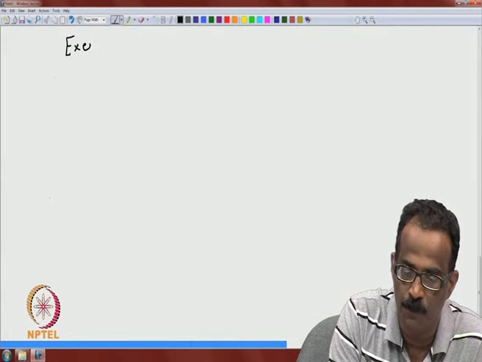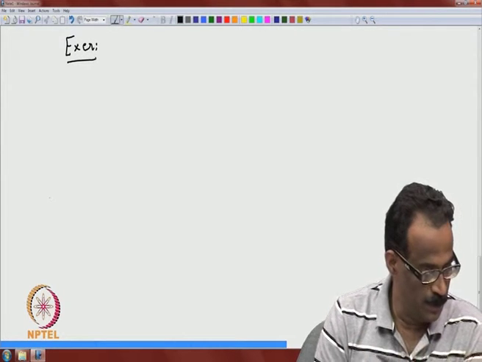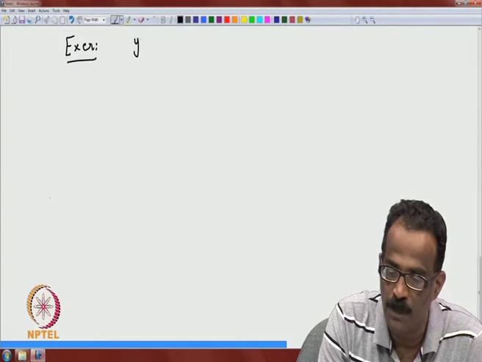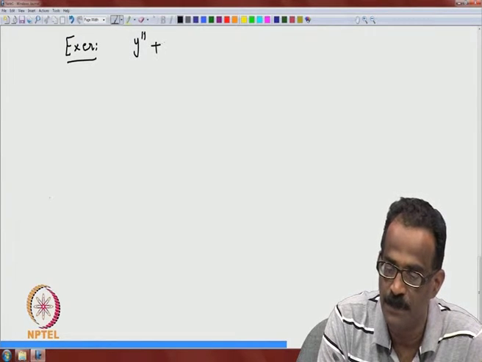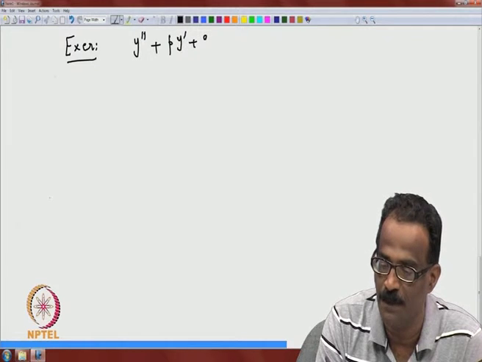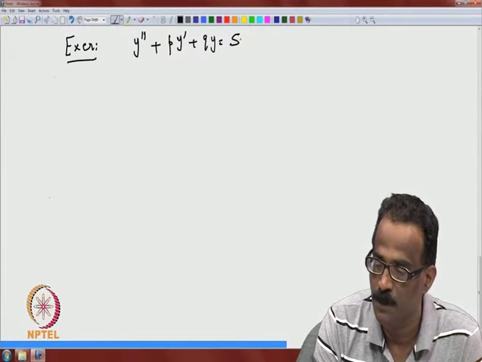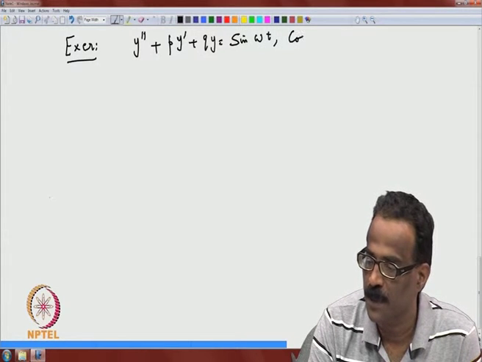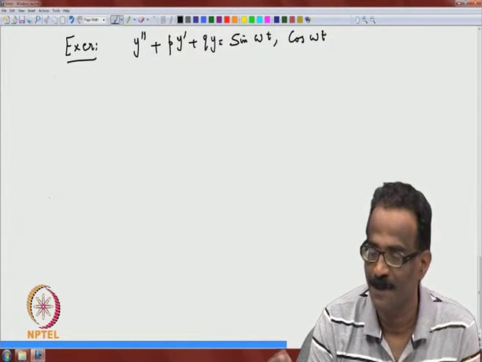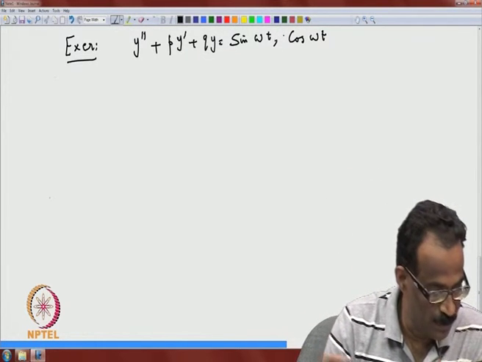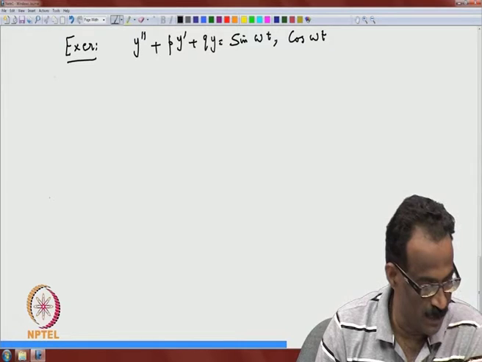I will leave it for you as an exercise if you want to compute other types of signals, input functions or forcing functions. Say for example, suppose you have sin omega t or cos omega t, one of them you can do, and you can actually determine the solution of the form.